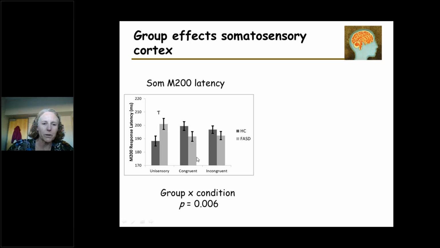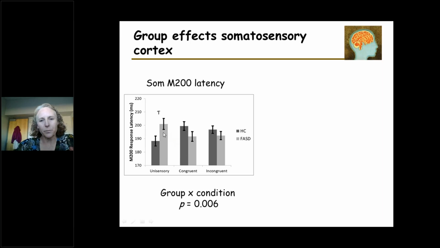But if you then look at the multisensory conditions, contrary to our hypothesis, the kids with FASD, actually the latency sped up. So they're actually faster or at least equivalent to the healthy controls as compared to the unisensory condition.